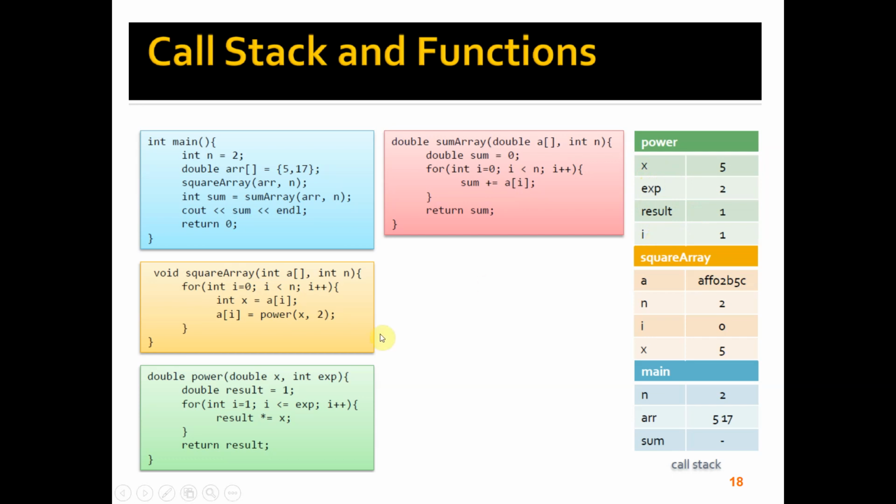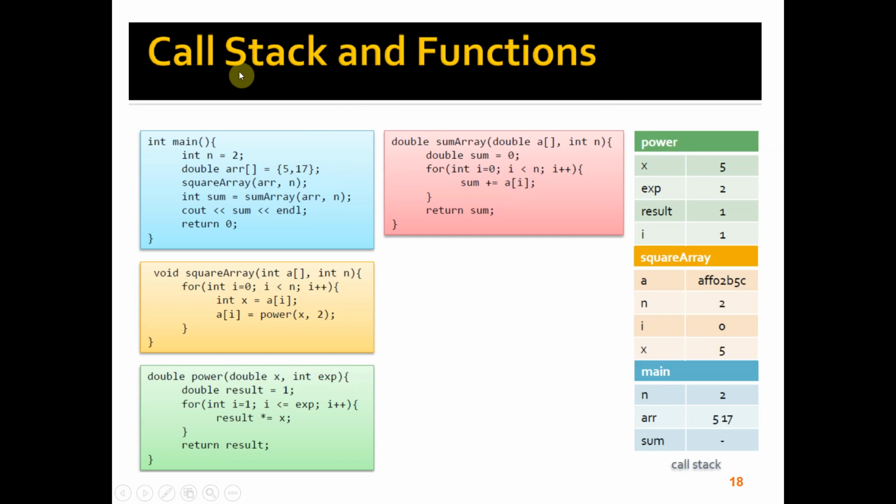Once this power function is terminated, its stack frame is removed from the call stack, and control goes back to the corresponding line in square array, which is this line. That's why the line at which the function power was called has to also be stored in the call stack. So this is a good example of the call stack and functions.